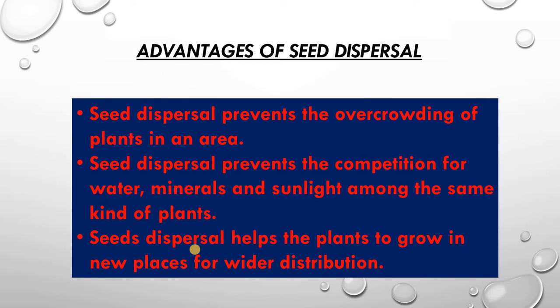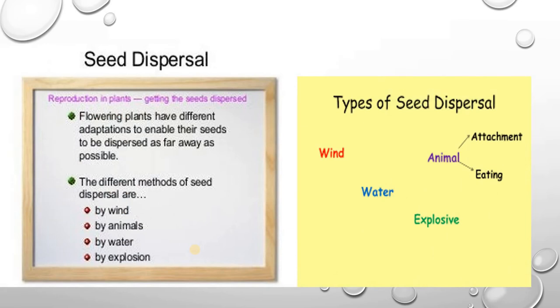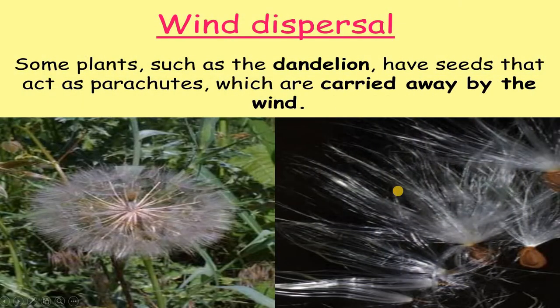Then, seed dispersal prevents competition for water, minerals, and sunlight among the same kinds of plants. And seed dispersal helps the plant to grow in new places for wider distribution. So obviously natural vegetation will be there in a larger area. Now here you see the different types of seed dispersal. We will discuss them one by one.